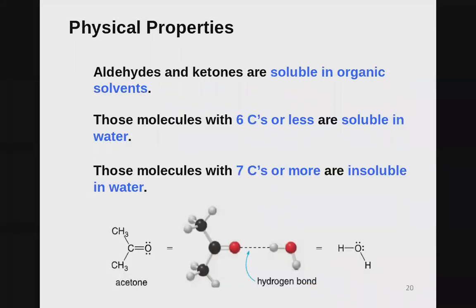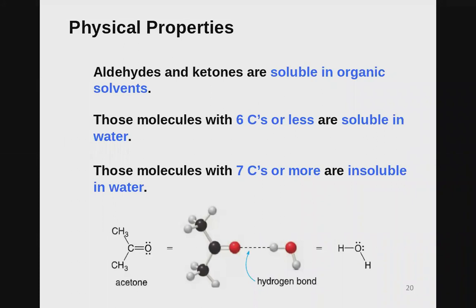Now, what other properties of our ketones and aldehydes do we have? Well, they're soluble in organic solvents, not in inorganic solvents, but in organic solvents. And typically speaking, those that have 6 or fewer carbons are soluble in water. Again, that C=O part here allows hydrogen bonding to form.